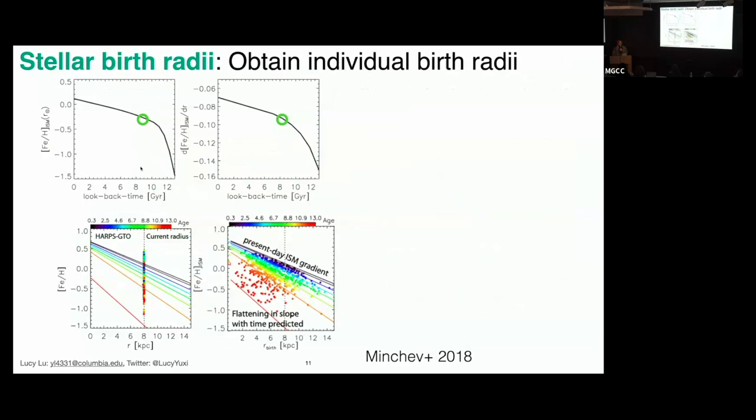What you do is pull down a point, which here is the solar neighborhood metallicity, and then you pull out what the gradient is at that look back time, and you fit a line, and that's what you say the ISM metallicity profile looks like. So let's say you have a star that's 9 gigayears old and locally metal rich, then you can slide the star back to its birth radii. And that's how you can slide a bunch of stars in the solar neighborhood back to their birth radii using this method.